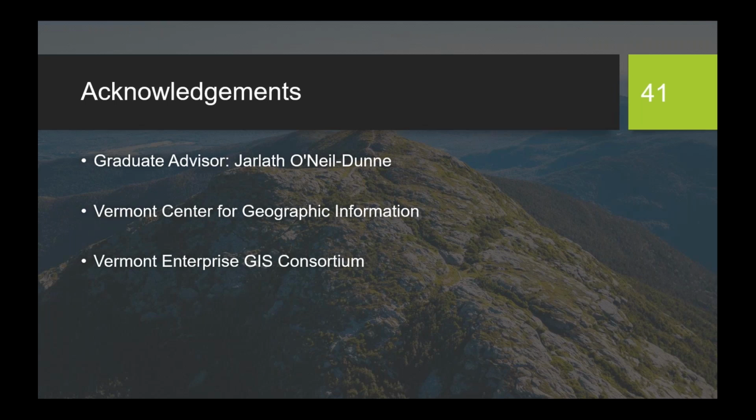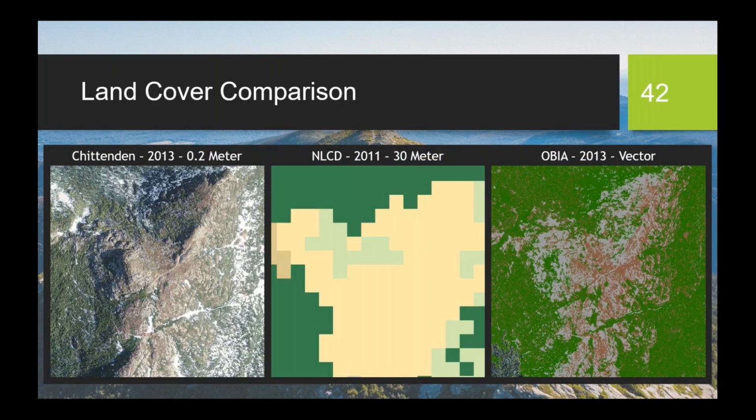Next slide. And just to bring it full circle to what I started with, on the left is the high-res imagery. In the middle here is the LCD data. My straightforward goal was to create a map that would better capture the size, shape, and spatial arrangement of the Tundra features, so that it's vector-based and not pixel-based.